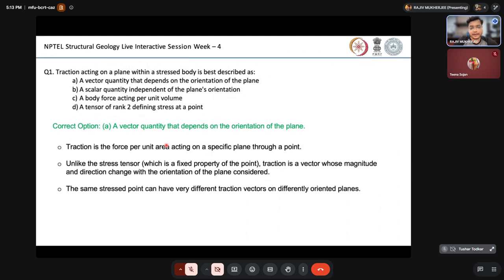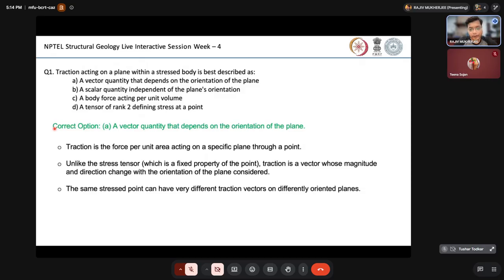If you speak in terms of tensors, a tensor describes a magnitude and directions. A stress at a point has a magnitude but also differently oriented directionality, based on which we calculate the resultant traction at each point.